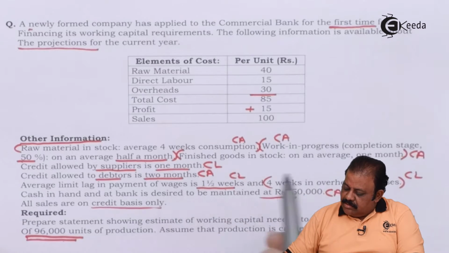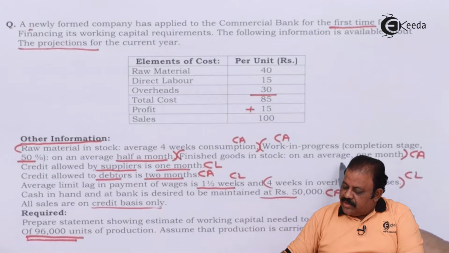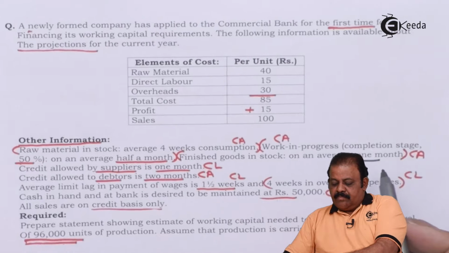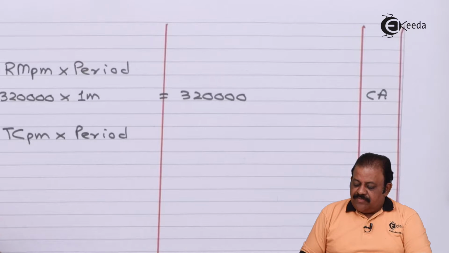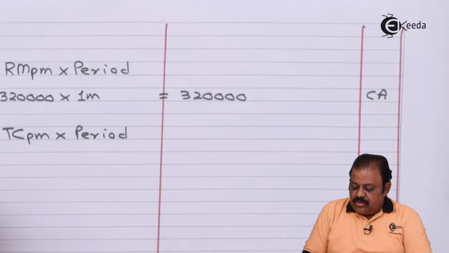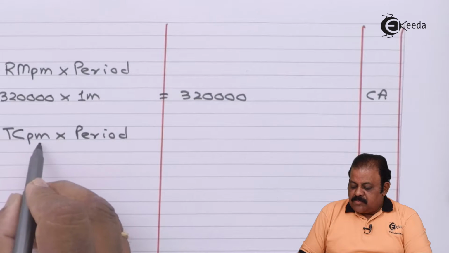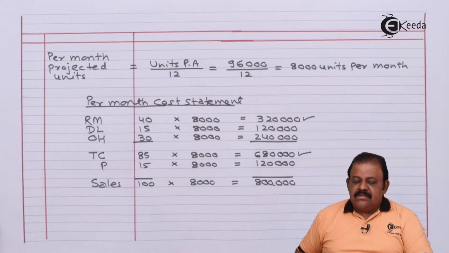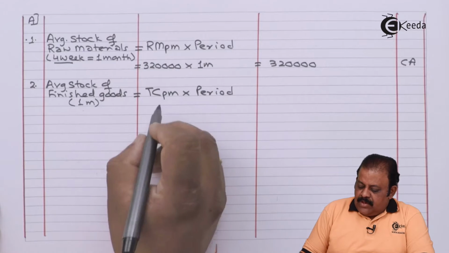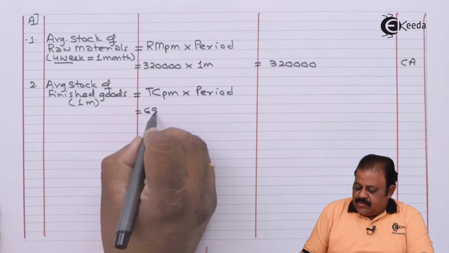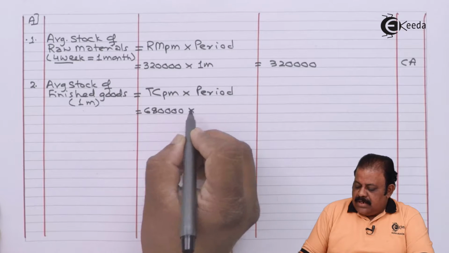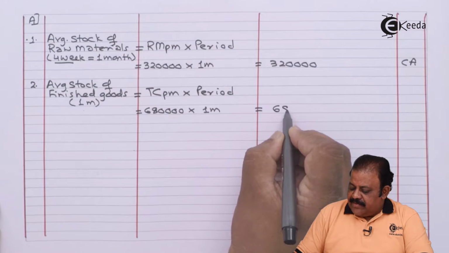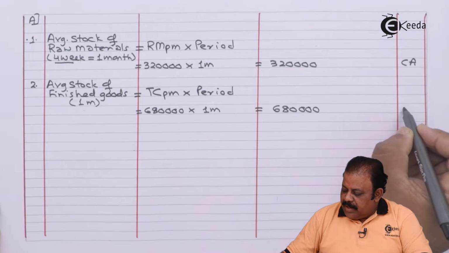Work in progress half month, finished goods in stock on an average for 1 month. Average stock of finished goods is equal to total cost per month multiplied by period. Total cost per month 6,80,000 multiplied by period 1 month, it will be 6,80,000. It will be part of current asset.